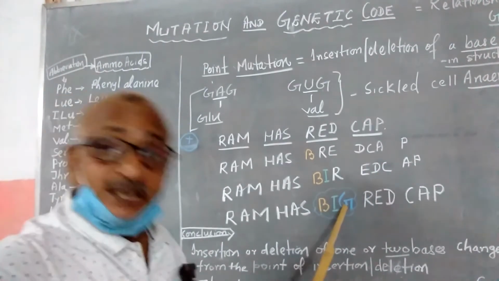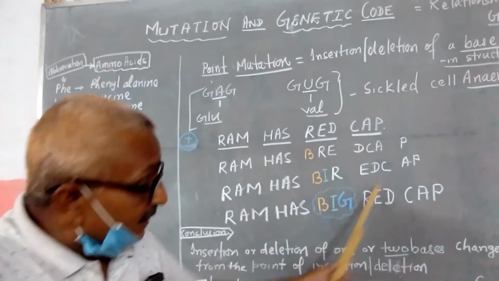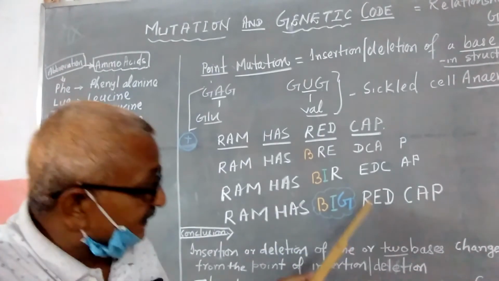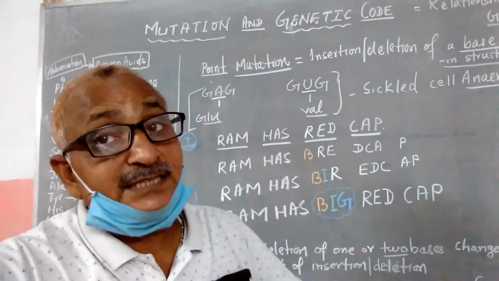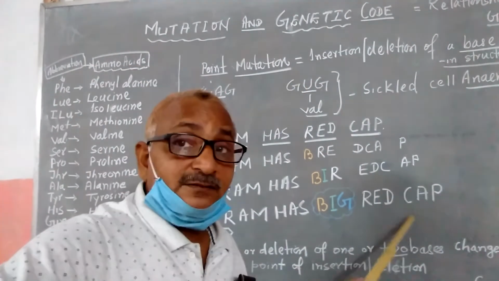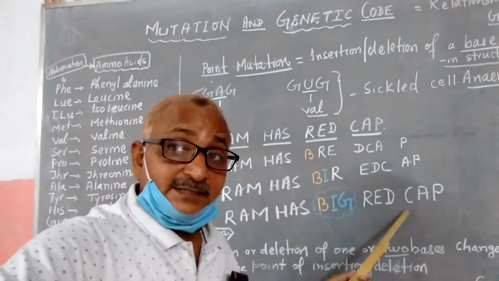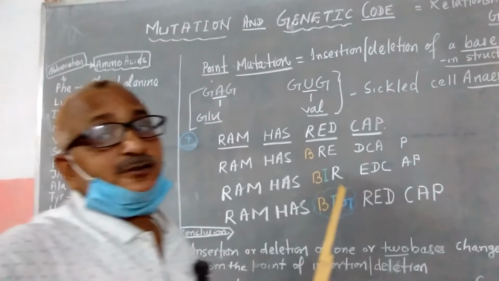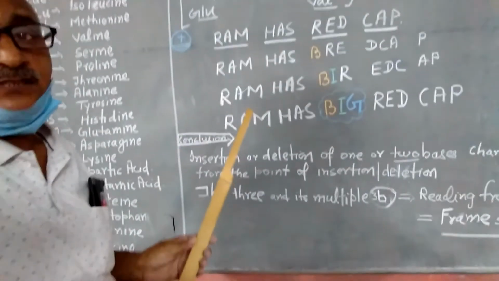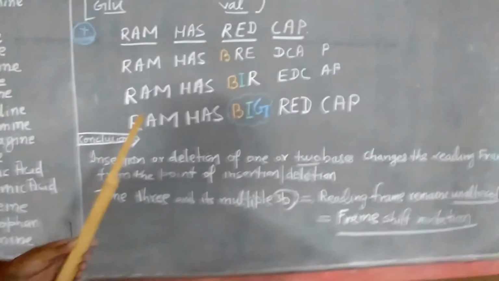Now again, a third letter G is added, and then again they give the same meaning, red cap. The red and cap meaning that was deleted is regained once again. So what conclusion can we draw from this observation?